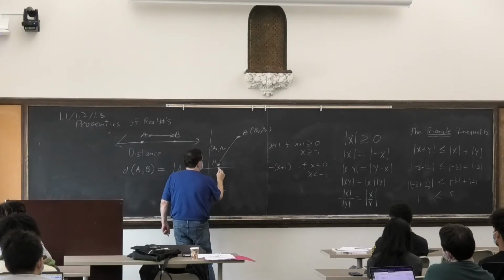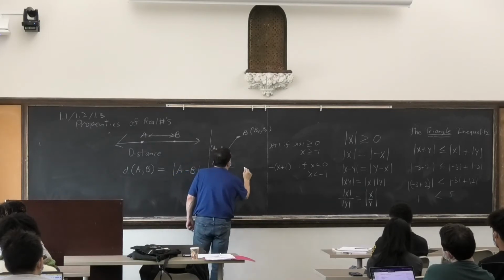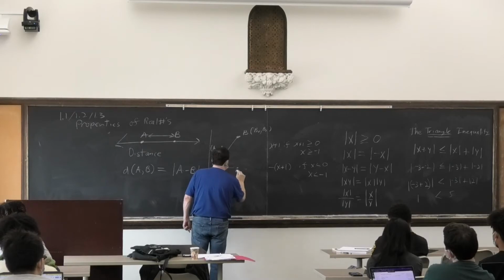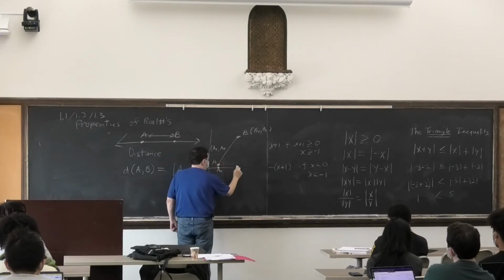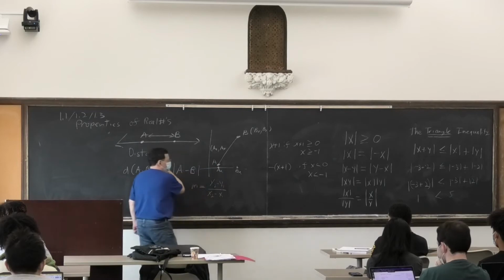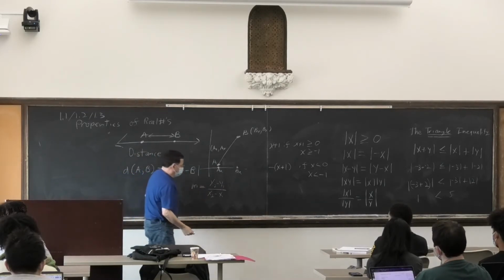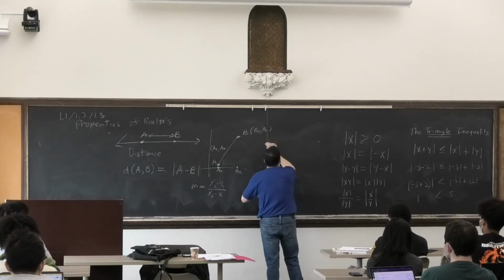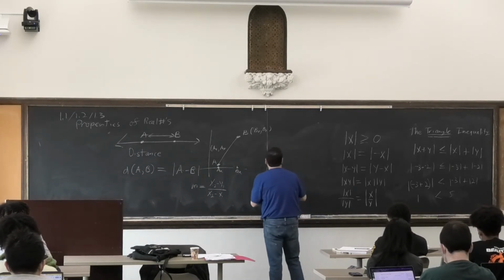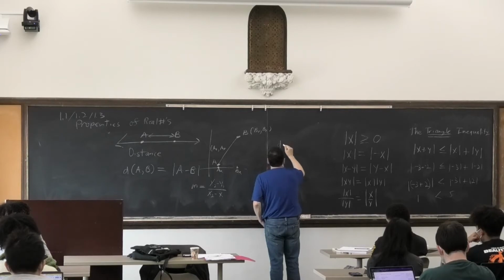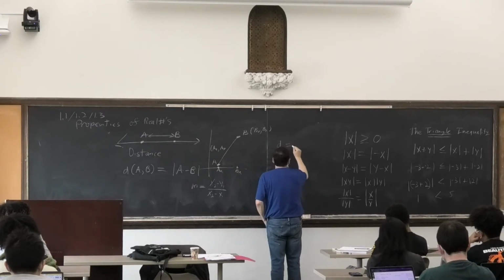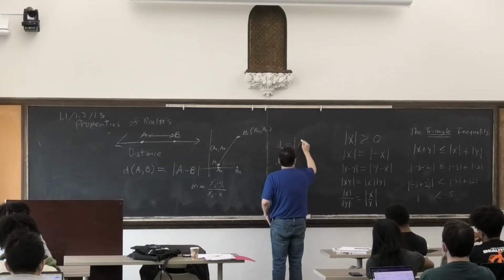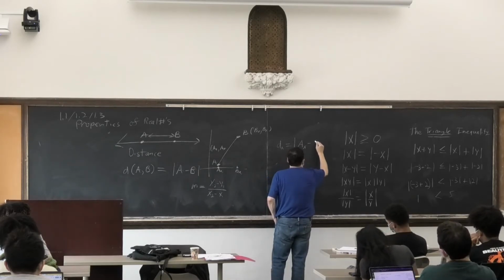So here we have AX, and here we have BX. So we can find this distance using our distance formula here. This distance in x is going to be the absolute value of AX minus BX.